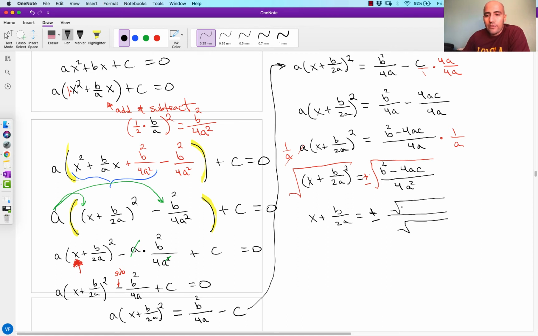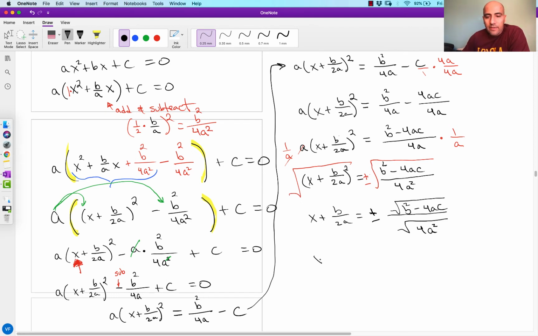The root of the numerator is going to be this b squared minus 4ac, and the root of the denominator is going to be this 4a squared, which then is just going to simplify to 2a.